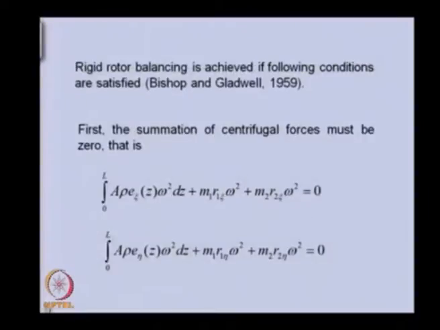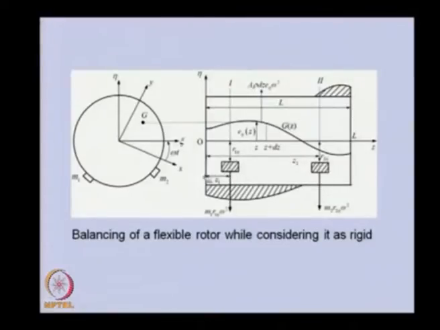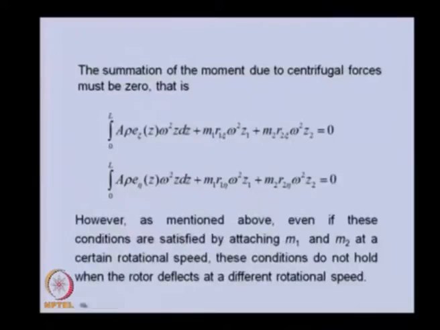You can see the locations of the correction masses are z1, z2. We have taken moments about this point so that we have the moment of all, not only from the eccentricity but also from the correction masses. So these four conditions we need to satisfy for rigid rotor balancing.